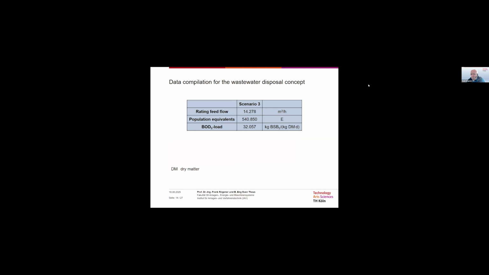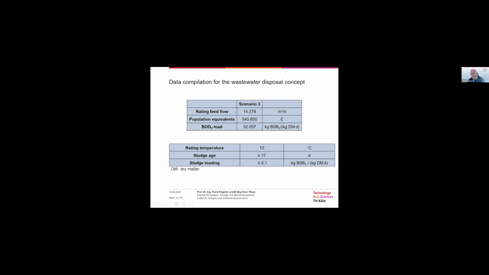The total inhabitants of this area, including also the industry, amounts to about 450,000 inhabitants, and the BOD load should be about 32,000 kilograms of BOD per day. In Germany, the rating temperature is quite low. That's the temperature that is an average over the whole year, so it's only 12 degrees, and this has also an influence on the respective permeate flux.